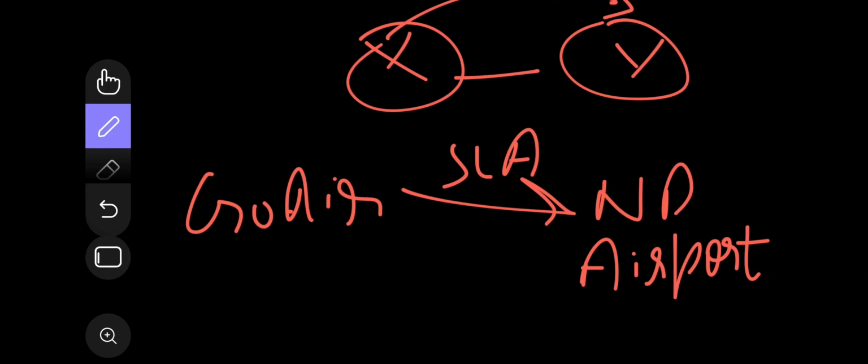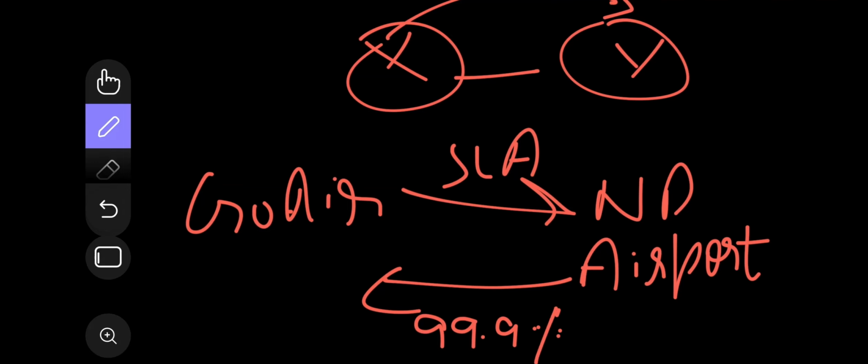So this SLA might state that the airport must provide parking gates for the airlines 99.9% of the time. So when they sign this, they promise Go Air that 99.9% of the time the parking gates would be available for you. If the airport fails to meet this agreement, there might be penalties or compensation defined in the SLA that the airport must pay to the airline.